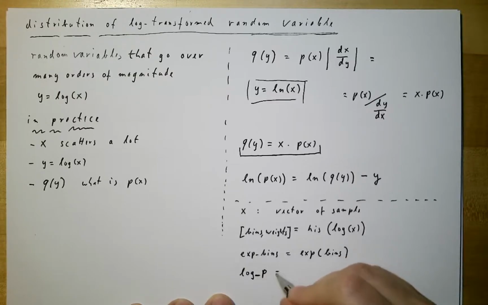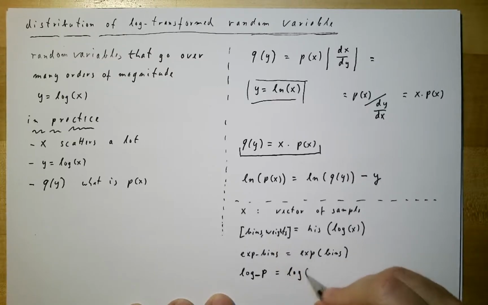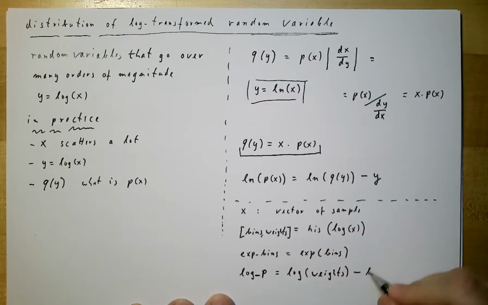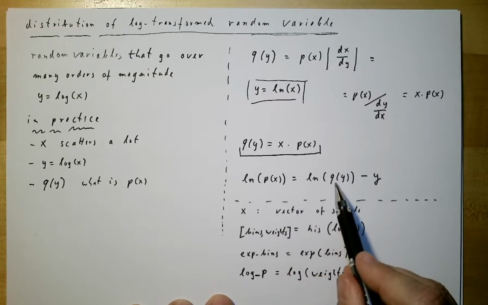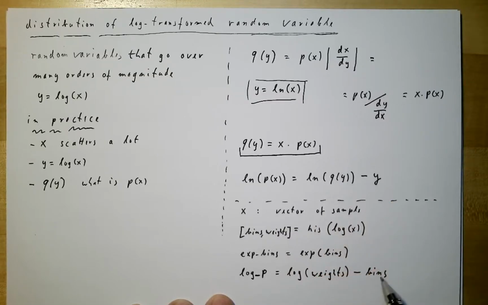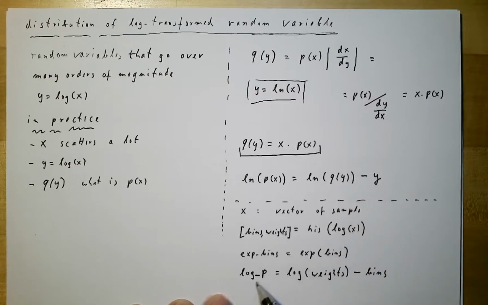And this variable, this is again a vector, this is the log of our weights minus the bins. So this calculates the log of the weights of the histogram minus the bins, because the bins were the positions. This is log p.